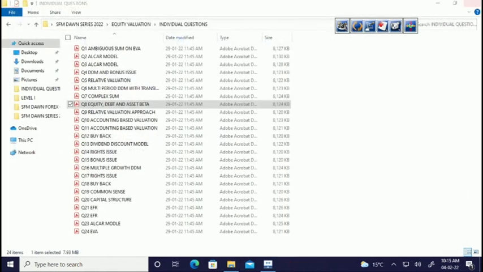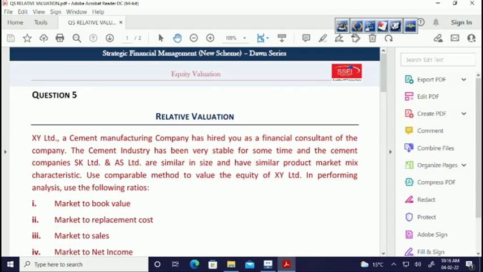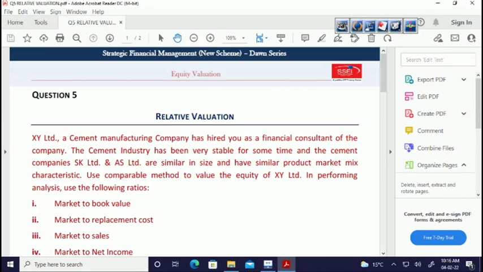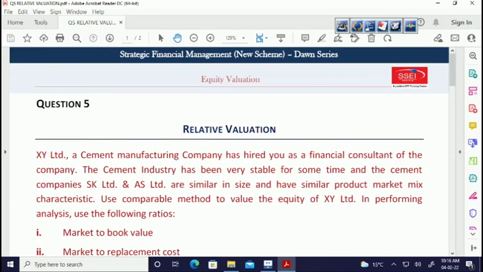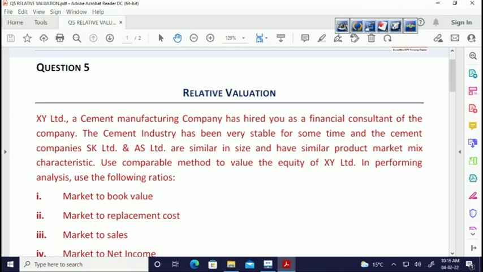So if I am moving to the next question, the next questions that I am going to is sums on relative valuation. So question number 5 is on relative valuation. Let's look at the sum. XY Limited, a cement manufacturing company, has hired you as a financial consultant.